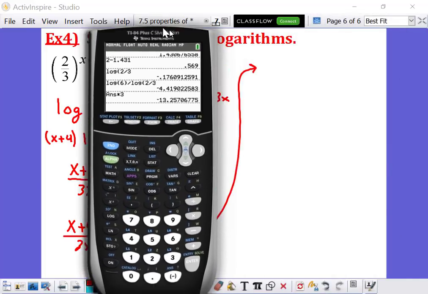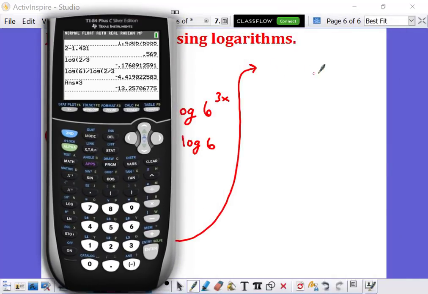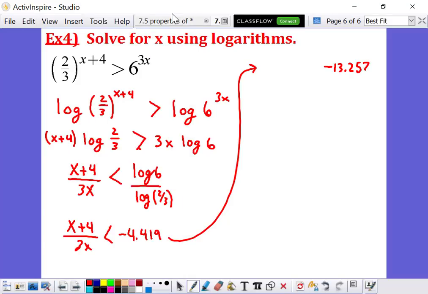And I'm going to get negative 13.257. There's an x on that. And that's still greater than x plus 4. So then I would add the 13.257x to the other side to combine it with the 1x that's over here. So that's going to become 14.257x is less than, move the positive 4 to the other side to give us negative 4.